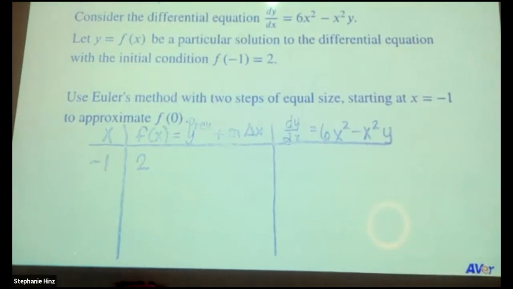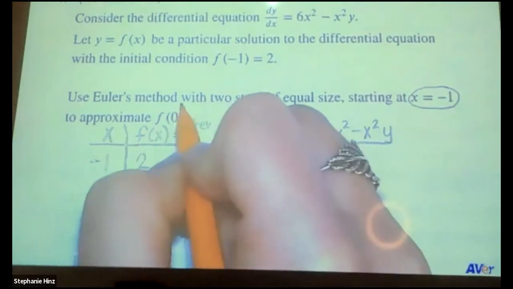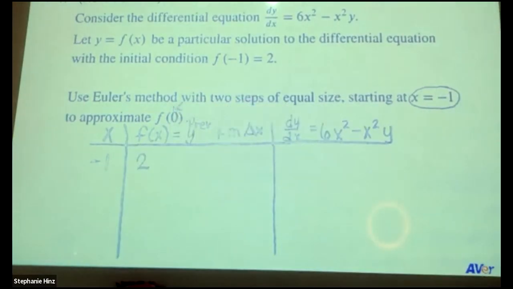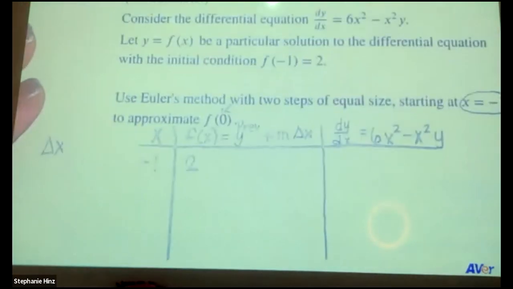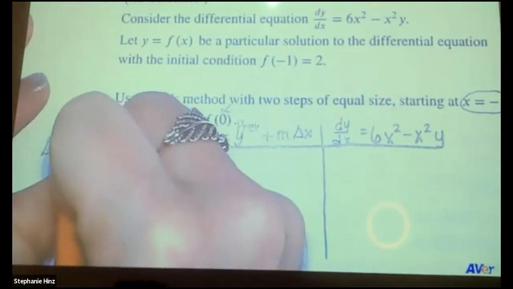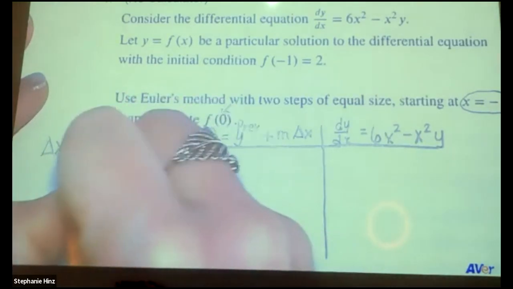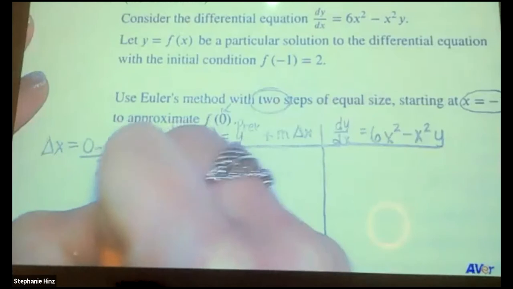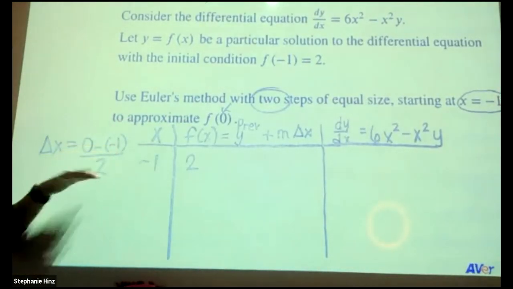All right, so I need to know what my step size is. So that means I need to know my goal. I'm starting at -1. I'm ending at 0. So my delta x, my change in x, will be ending point 0, starting point -1. And they told me I want 2 steps. So 0 minus -1 is 1 divided by 2.